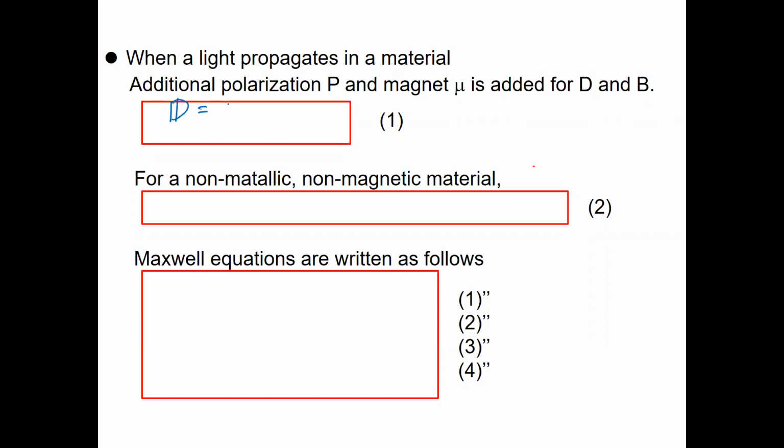D equals not only the field displacement in vacuum, but we will also have a polarization, which is polarization inside the materials. As I mentioned, if you have an object and light coming here, inside there's some polarization induced.